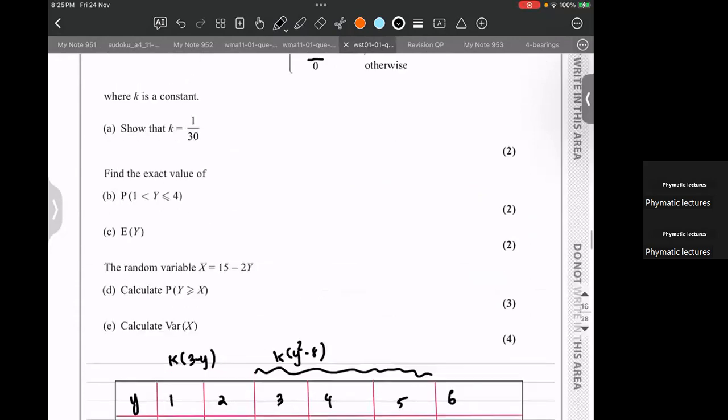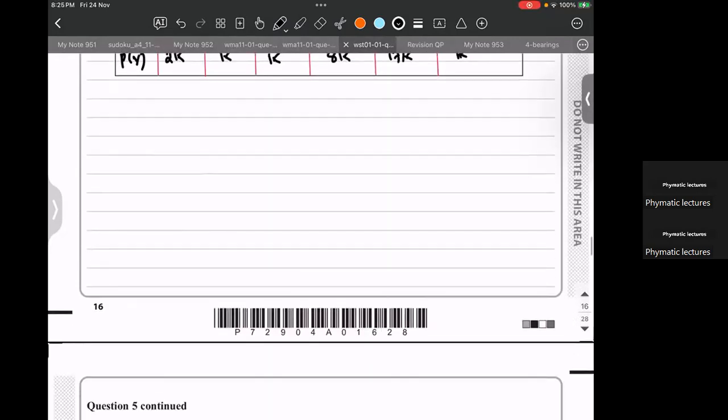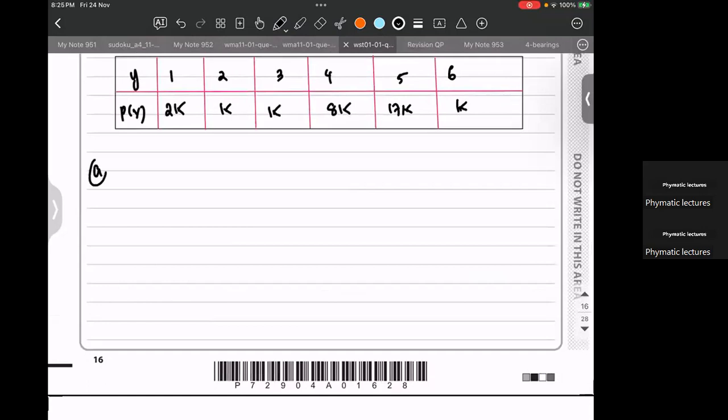Now the question is, we need to show that the k value is 1 over 30. So we have an important property: the sum of the total probability is always 1. If you add these individual probabilities, 2k plus k plus k plus 8k plus 17k plus k, they add up to give 1.